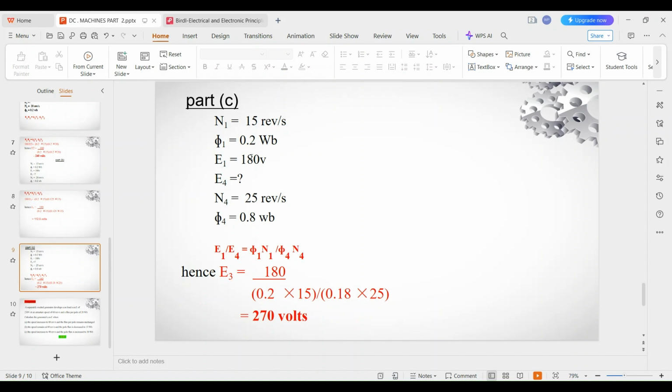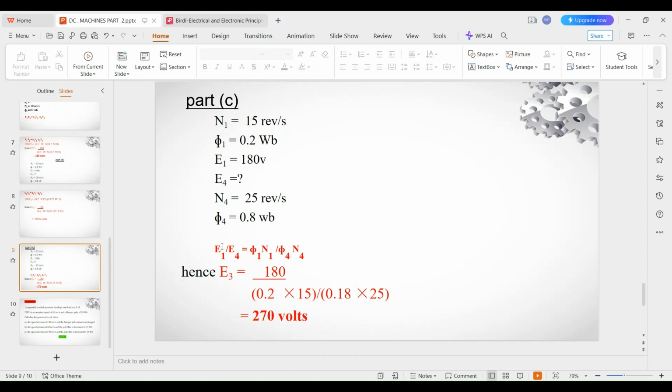And E1 is equal to 180 volts. We are looking for E4. N4 is equal to 25 revolutions per second, since the speed has increased, and flux per pole has decreased to 0.18 Weber.